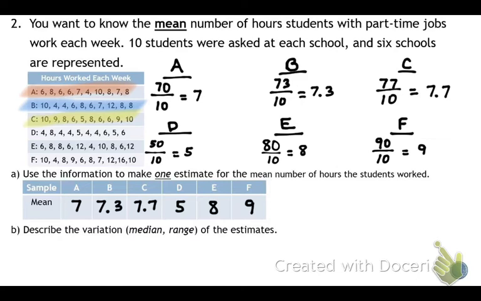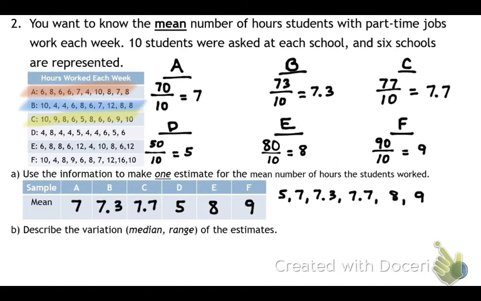Problem A asks us to use the information to make one estimate. So I don't want the mean for 6 different schools. I want one mean for all of those put together. So the first thing I have to do is put them in order from least to greatest. What's the smallest one? 5. Then 7. Then we've got 7.3. Then we have? And then? And finally?